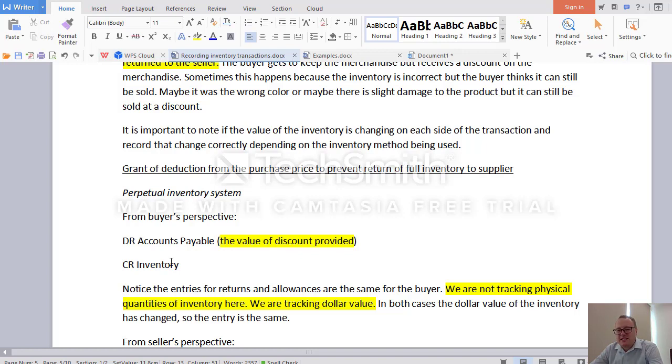Everything is very similar to the returns. The only thing is that we do not return the inventory item, and therefore the values here will be only the value of the discount. So the buyer does not need to pay as much as he was supposed to. Now he is given a discount, so his accounts payable are reduced against the inventory.